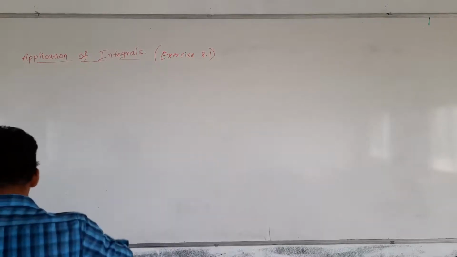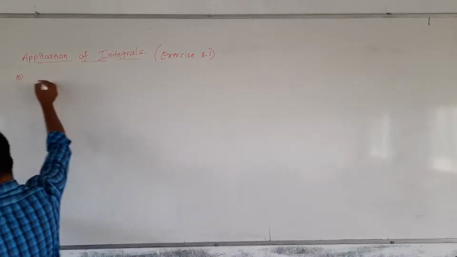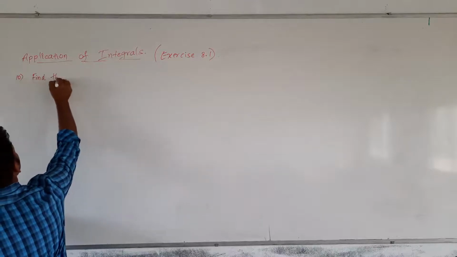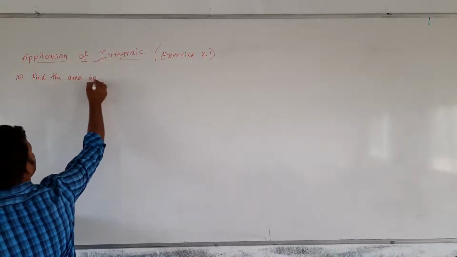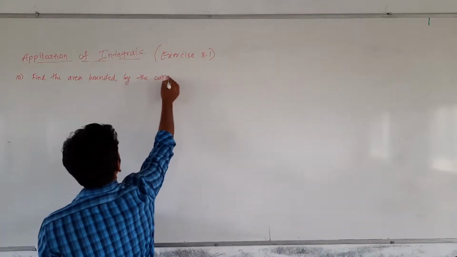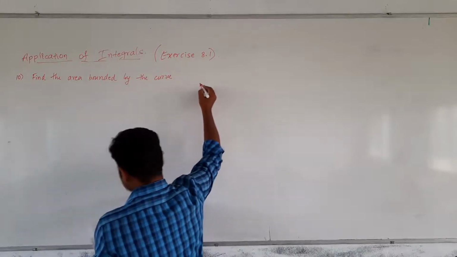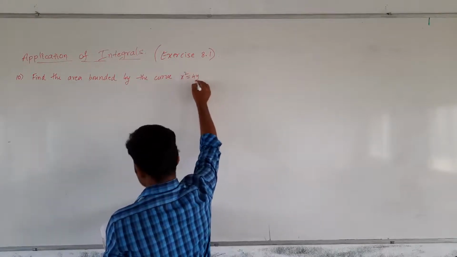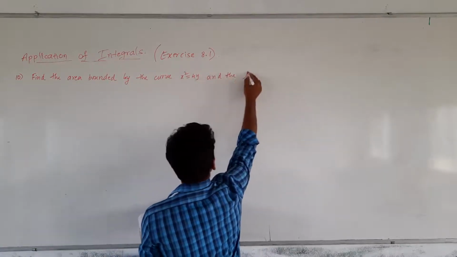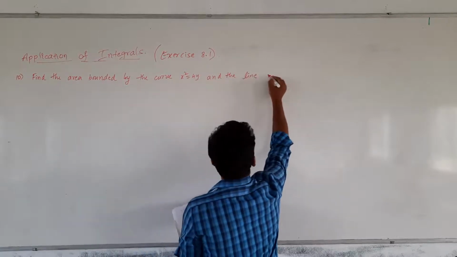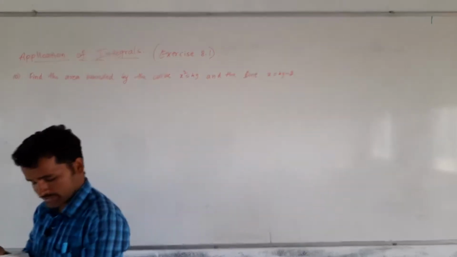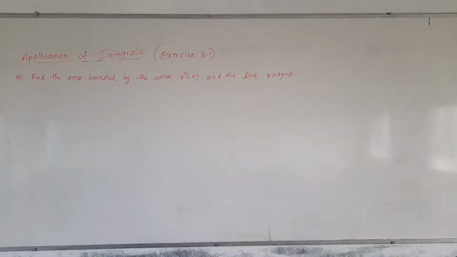Question number 10 is: find the area bounded by the curve x square is equal to 4y and the line x is equal to 4y minus 2.